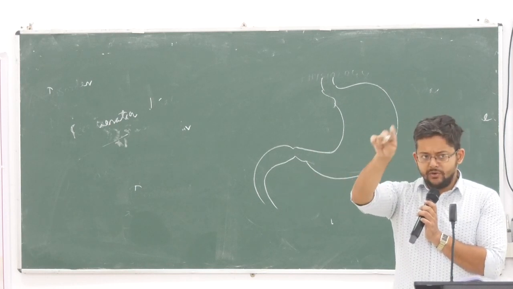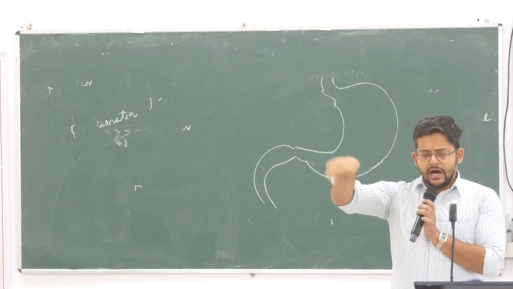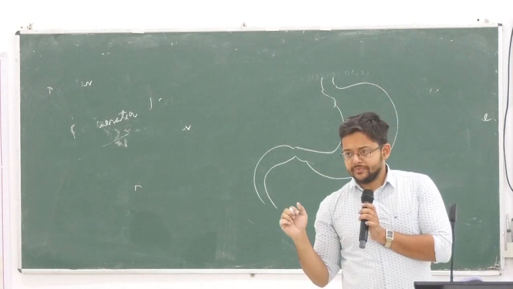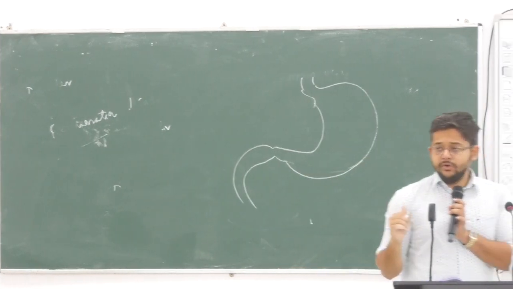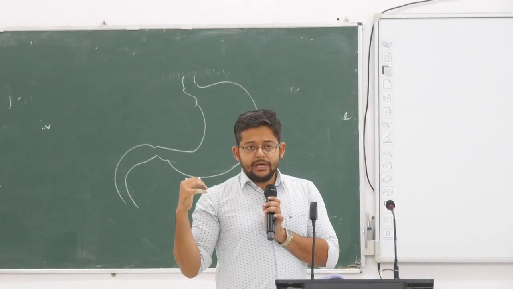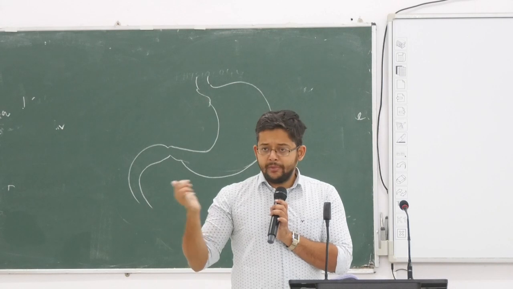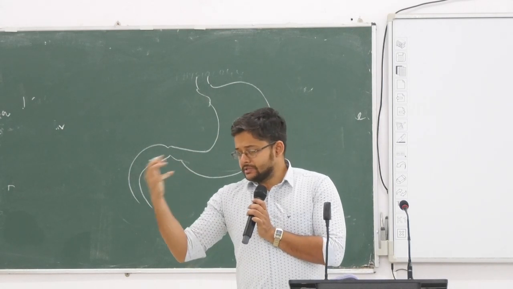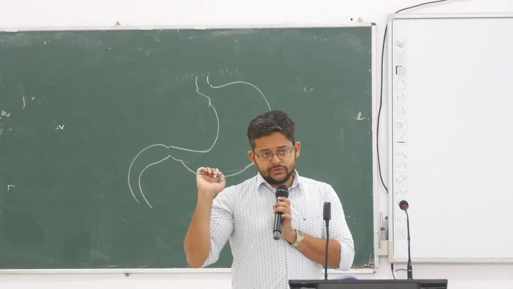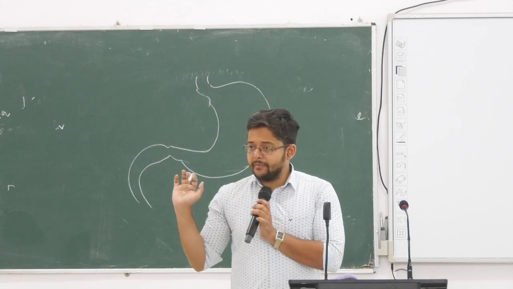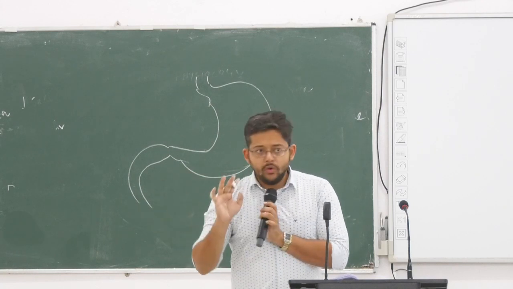If you look at the picture once again, you can see the outer layer is the serosa. Then we have the myenteric layers. So we have the myenteric plexus, the longitudinal muscle, the Meissner plexus, the circular muscle, then the submucosa, and at the end the mucosa. That's the whole picture.